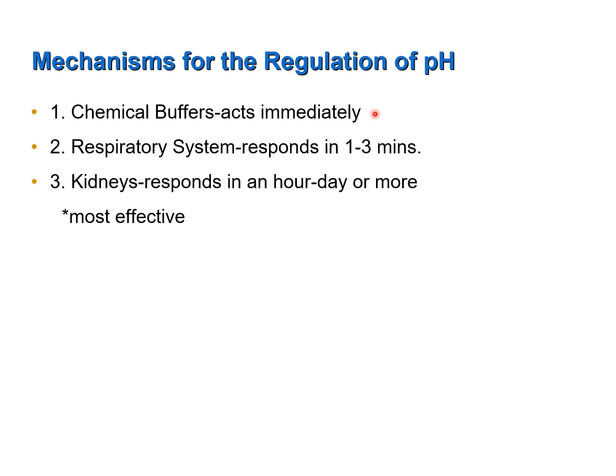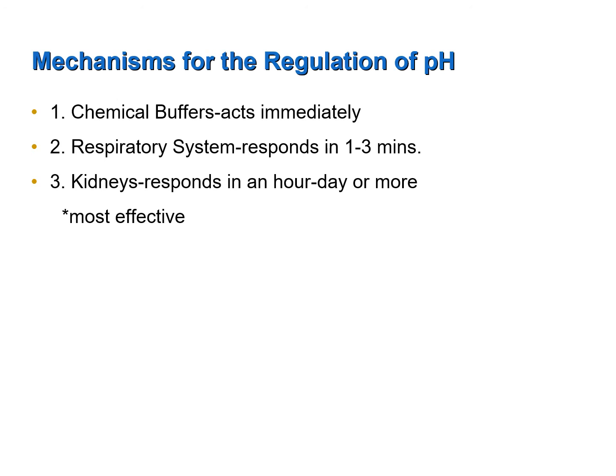Chemical buffers act immediately in response to a change in pH, but they're relatively weak. The respiratory system can take a few minutes to respond, but it is more powerful than all the chemical buffers combined. Your most powerful regulator of blood pH is the kidneys or urinary system. They're slow, taking a day or more to fully respond to a change in pH, but they are the most effective.